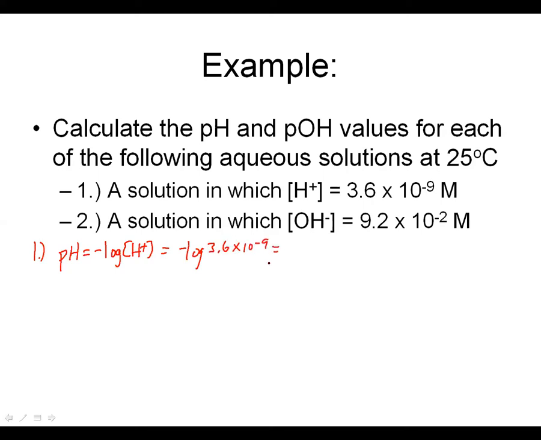If we put in those values, making sure to use your exponent button, it looks like we get something like 8.44 as our pH. To get our pOH, which it also asks for, that is going to be 14 minus the pH. And that means 14 minus 8.44 is going to give us a pOH of 5.56.